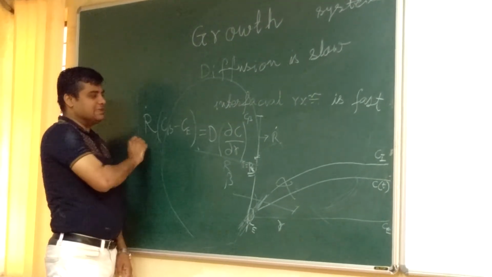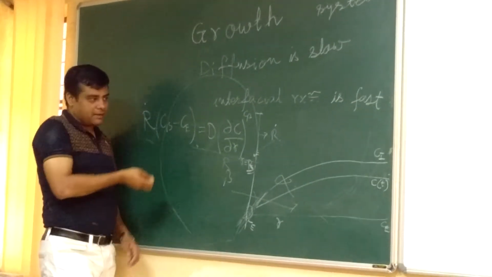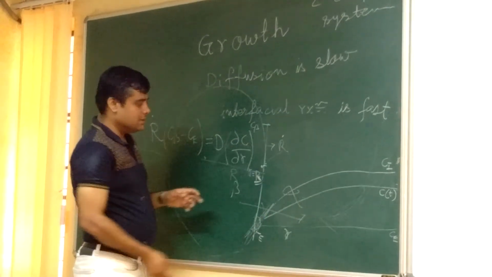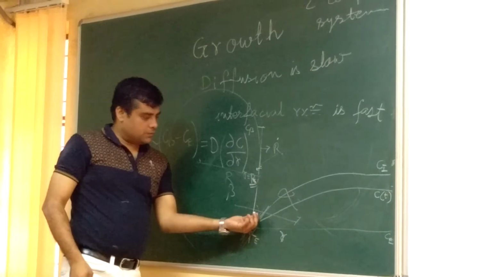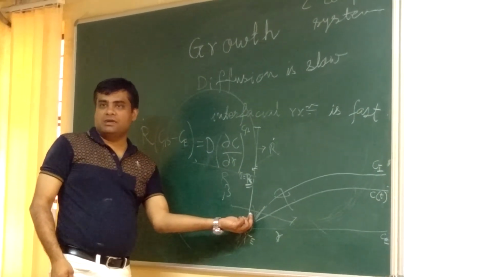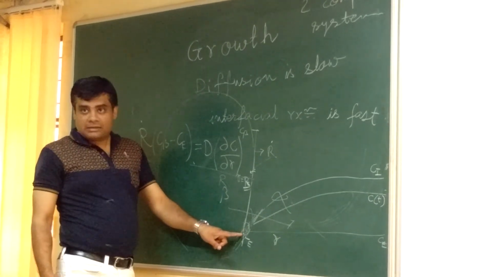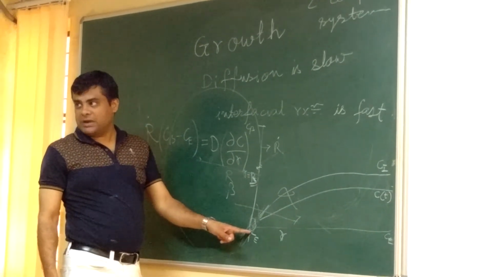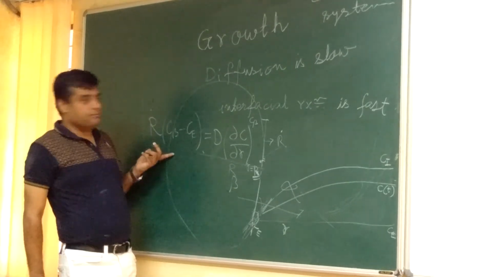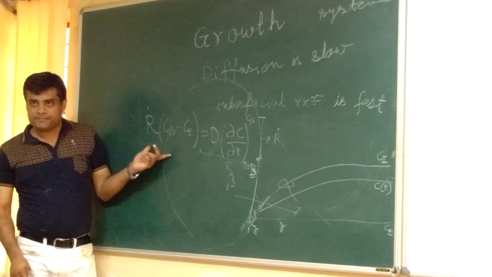Always we were writing this equation: growth rate multiplied by the concentration difference equals the number of atoms per unit area per unit time that is jumping. That is the interface flux; we are equating this with this.